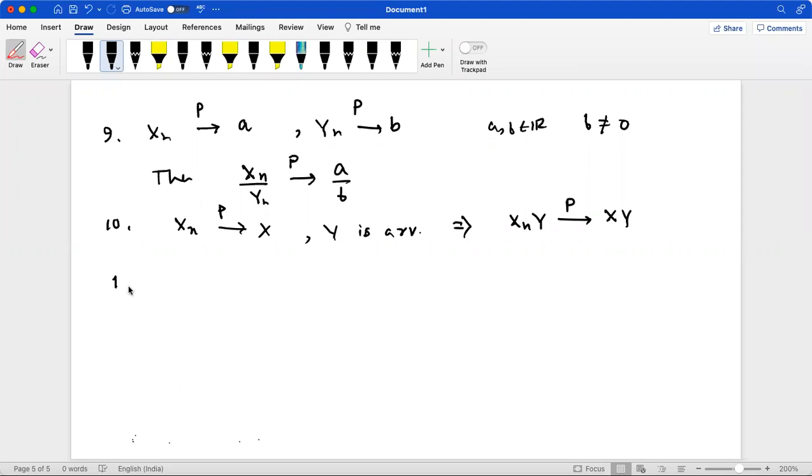The 11th result is this. If xn goes to x in P and yn goes to y in P, then this product xn yn goes to xy in probability.